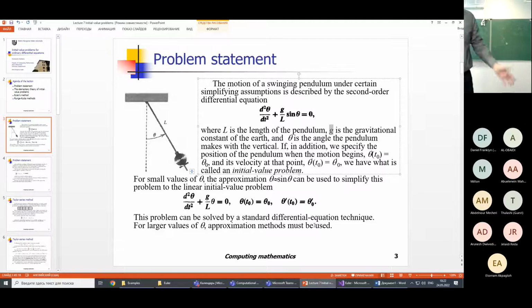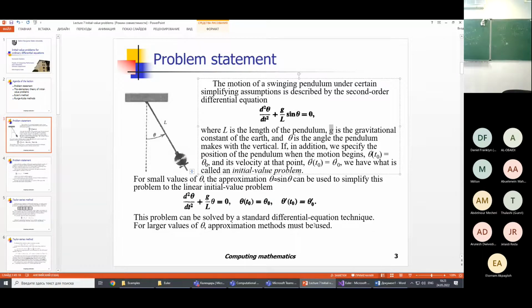But the last problem can be solved by standard differential equations techniques, and the first problem cannot be. There are no techniques to solve the first equation.